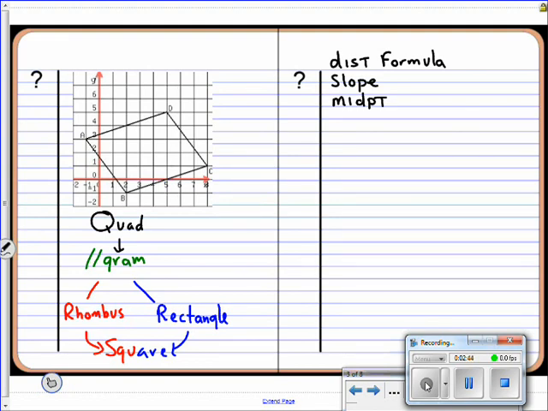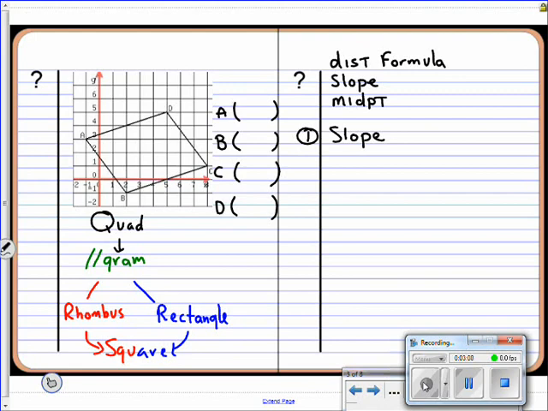If the opposite slopes are the same, that means that they're parallel. And if the slopes are opposite reciprocals, not only will that tell me it's a parallelogram, but it might move me into being a rectangle. So it kills two birds with one stone. So my first step whenever I'm trying to discover what kind of shape this thing is, I go after slope.